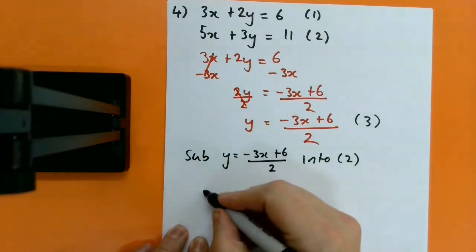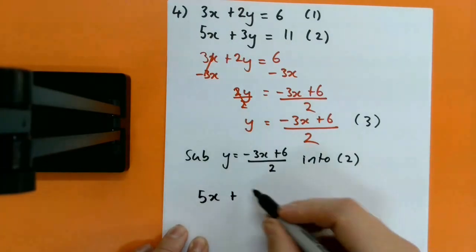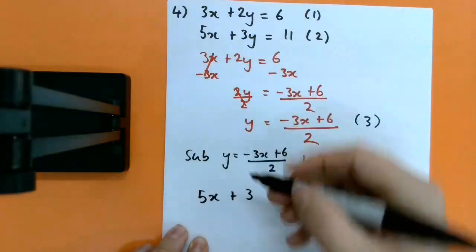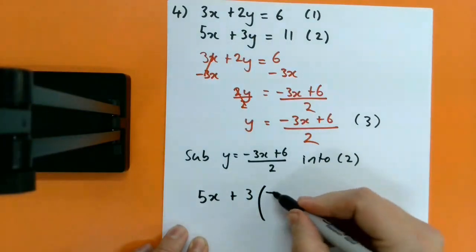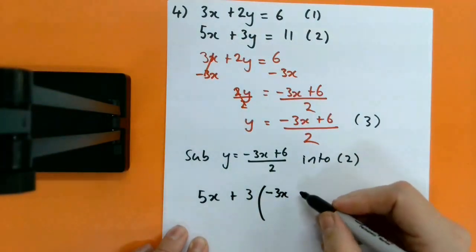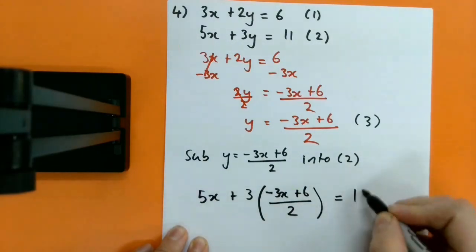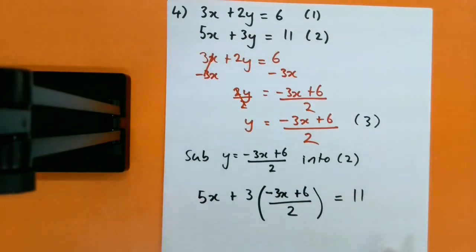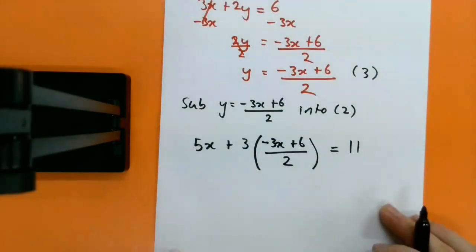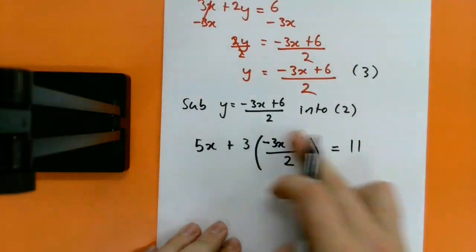Okay, so now we have 5x plus 3, now we have a y. We now replace it with minus 3x plus 6 all over 2 is equal to 11. Okay, so here's where the tidying up has to be done. We need to expand this bracket.